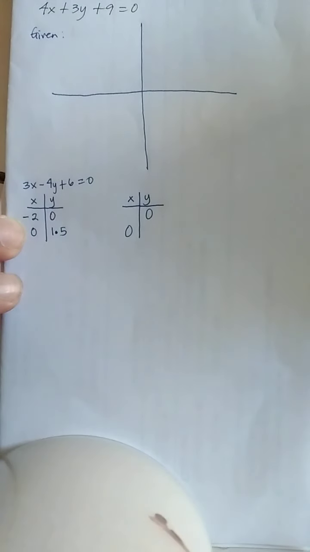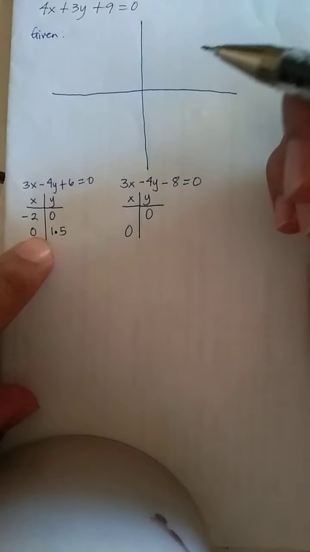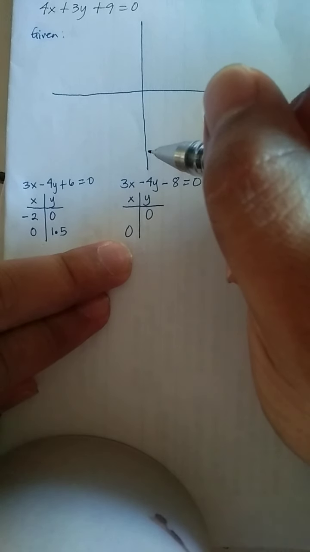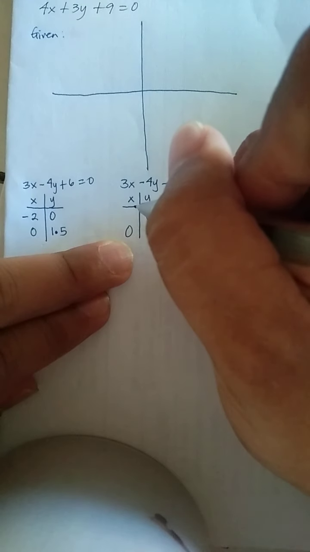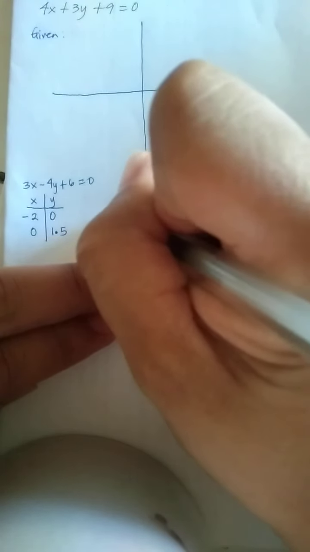Now on to the second line, 3x minus 4y minus 8 equals 0. When y equals 0, x is 8 over 3, which is 2.67.